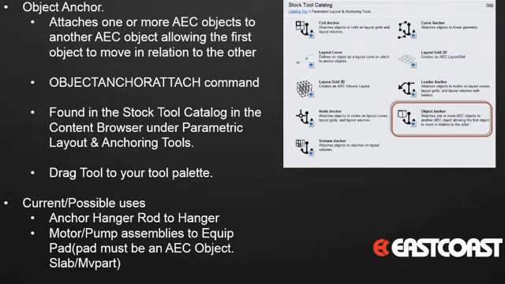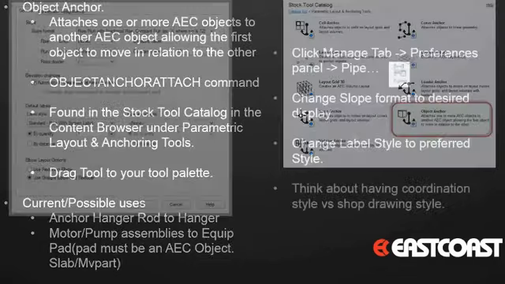If it's just a 3D solid or a block, then it will not work because those are not AEC objects. It would have to be a multi-view block or an AutoCAD Architecture slab, or a multi-view part.